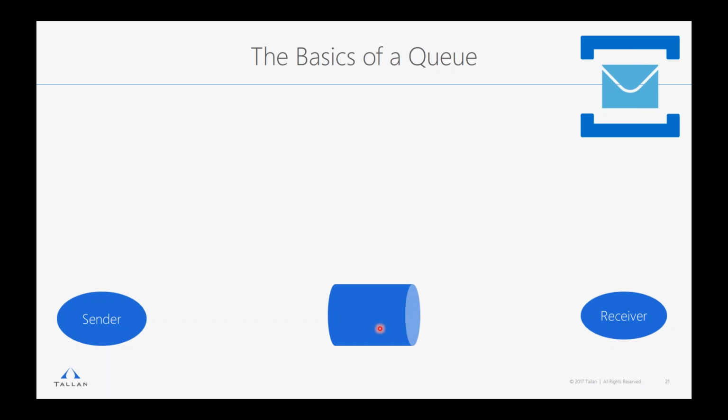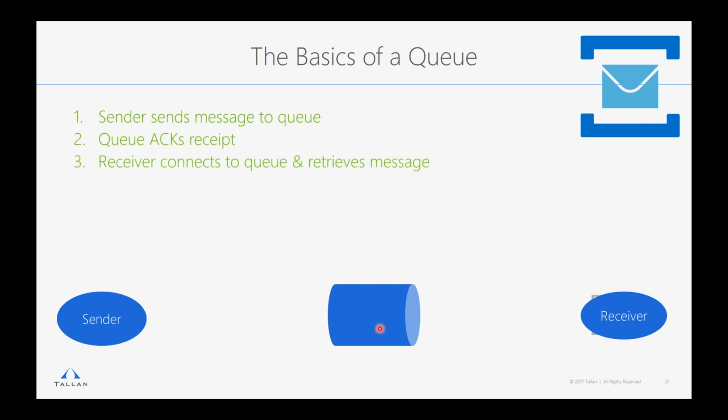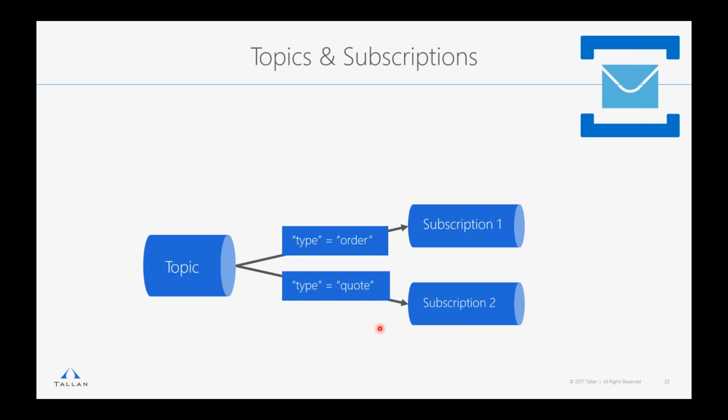The sender can send a message, and then you can wait on the outbound queue to get that response back. So it's kind of like a pseudo synchronous pattern, but it's still asynchronous. So just going through the flow, a sender would send a message to the queue, acknowledgement is returned, the receiver connects to a queue and receives an ack complete, and that's how queues work.